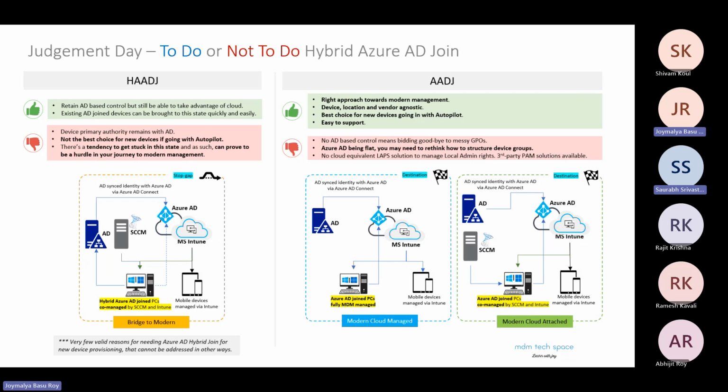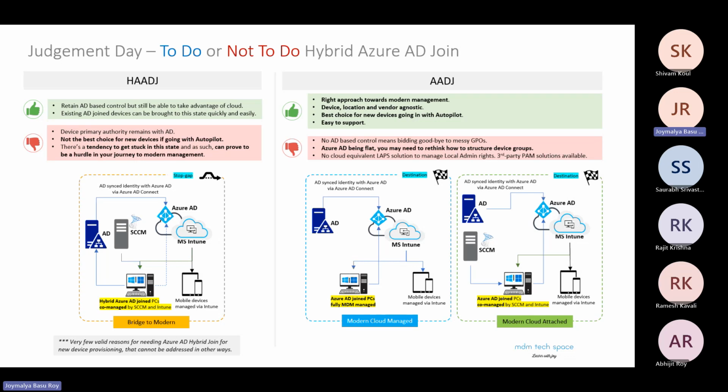And okay, how a great product is created by Microsoft is very simple. Microsoft is the one who sells Active Directory and SCCM. Microsoft is the one who is selling Azure Active Directory and Intune.